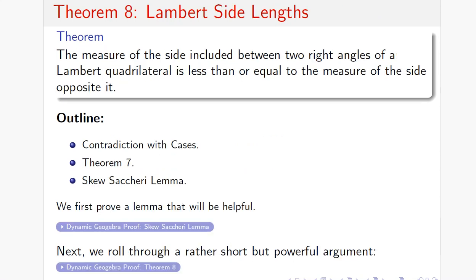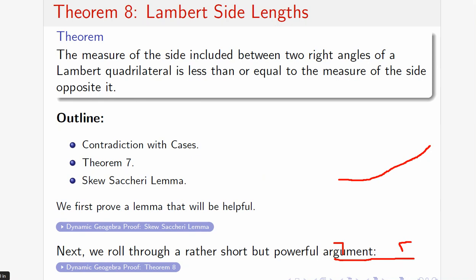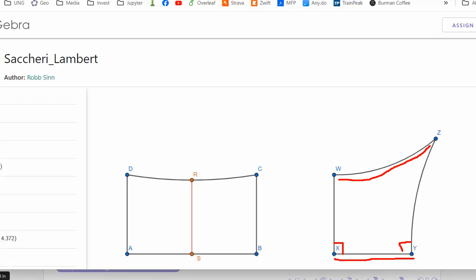Okay, so to get these Lambert side lengths: the measure of the side included between two right angles of a Lambert quadrilateral is less than or equal to the measure of the side opposite it. Let's look at these real quickly. They're saying that any side that's included between two right angles is less than or equal to the length of the side opposite it. So this can also happen for WX and YZ.